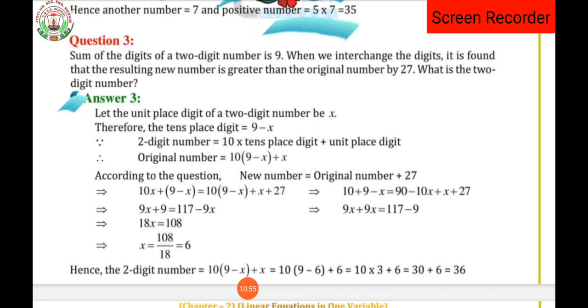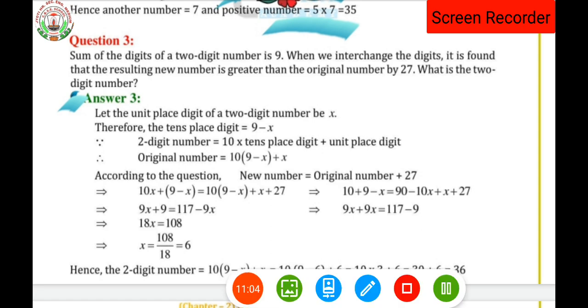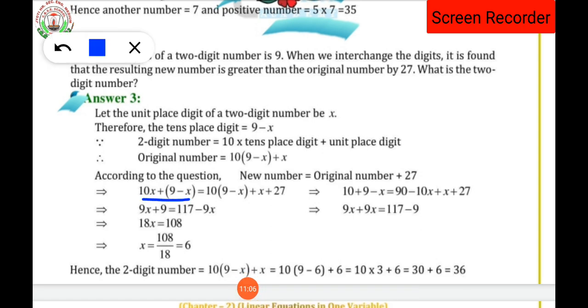Now we have to solve this particular equation. Now 10x minus x will become 9x. And what is the number left out? That is plus 9 is equal to, here it will become 90.